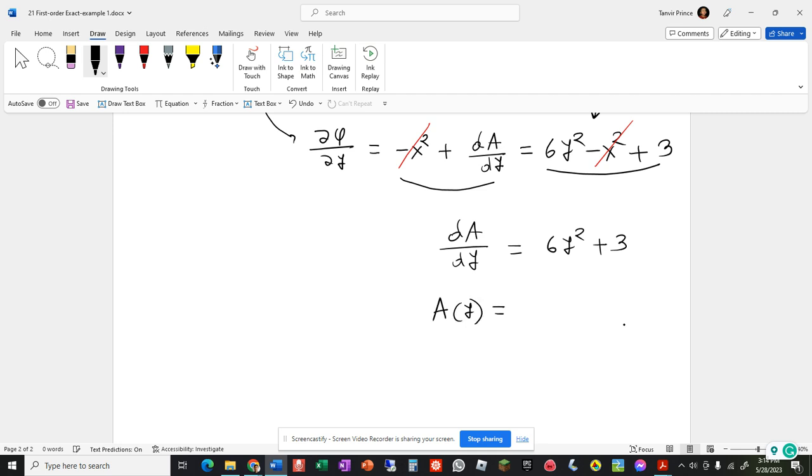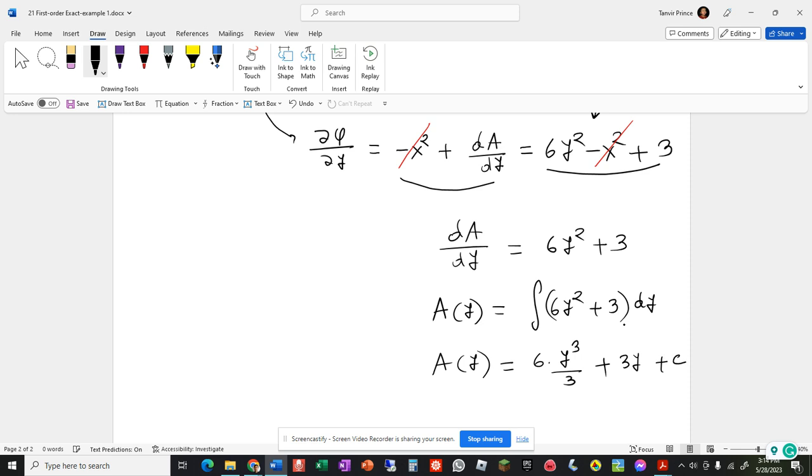I have to take the integral with respect to y. So my A of y is equal to, just take the integral. So the integral of y squared is y cubed over 3. The integral of 3 is 3y. Now plus c.